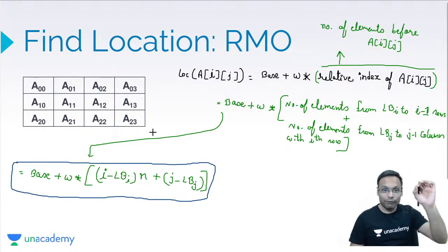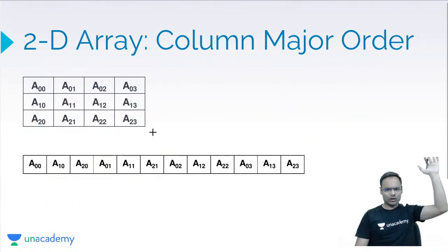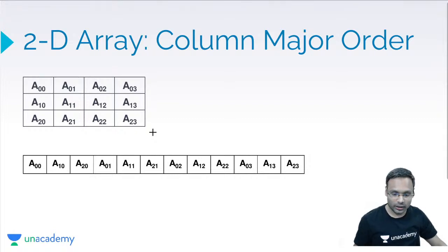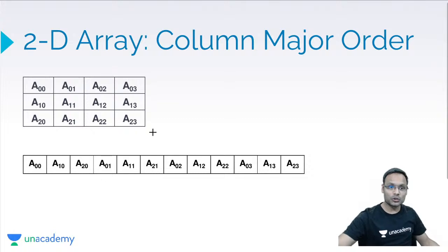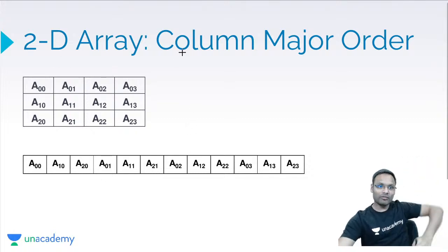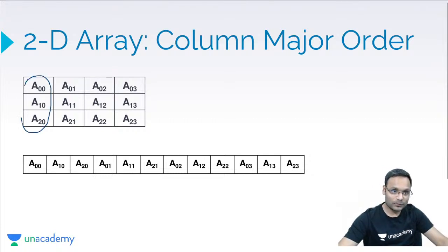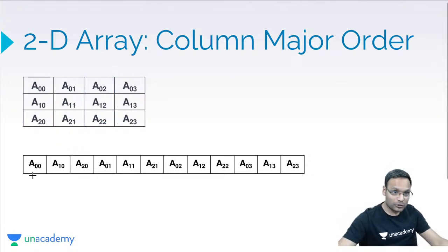Now, if we want to have the same thing in column major order, what is column major order? Column major order जो है वो है, we will store the elements column wise. First column first, then second, then this, then this. Column wise we are storing. Look at this. First of all, A00, 10, 20. This is the 0th column.